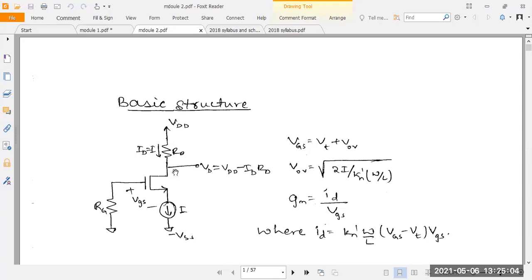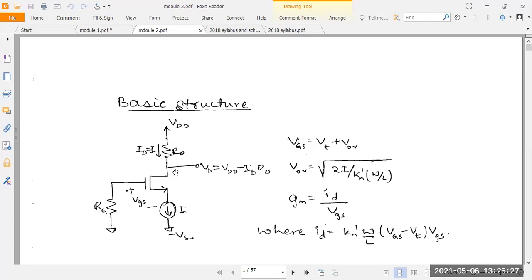But for connecting DC to the drain terminal, they are using a resistance, that is RD. The purpose of RD is to control the supply voltage and supply current.